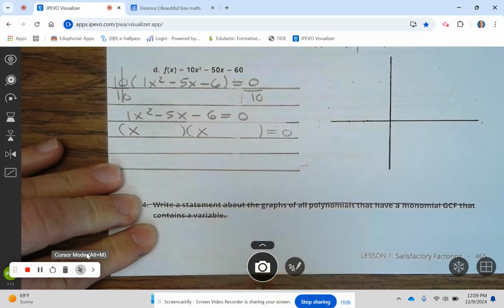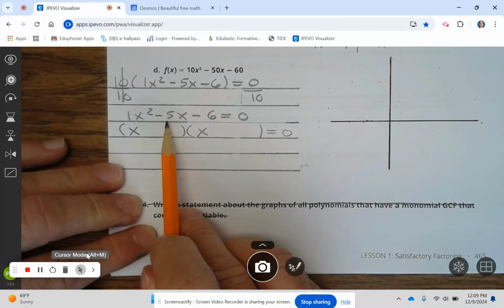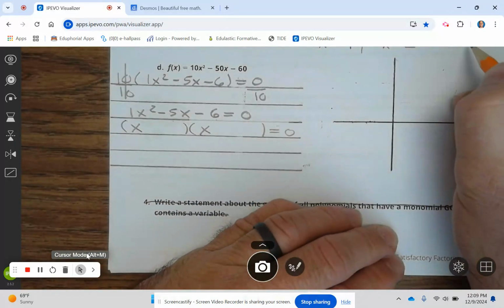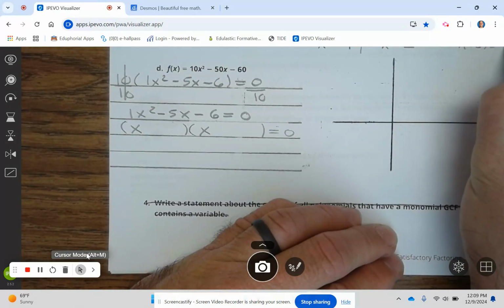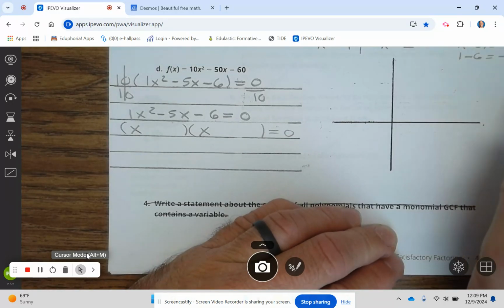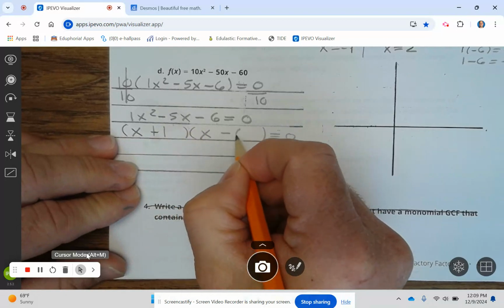X and x. Now we need to figure out what two numbers multiply to give you negative 6 and combine to be negative 5. Since the middle number is negative, the bigger number is negative. So 1 times negative 6 is negative 6. 1 minus 6 is negative 5. We have our negative 6 and 1, so our factors are x plus 1, x minus 6.